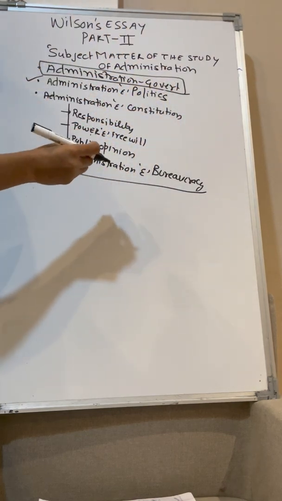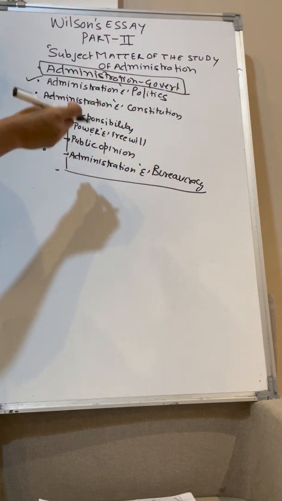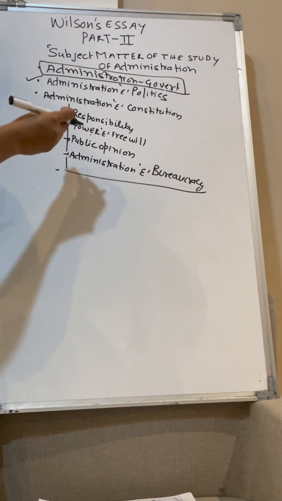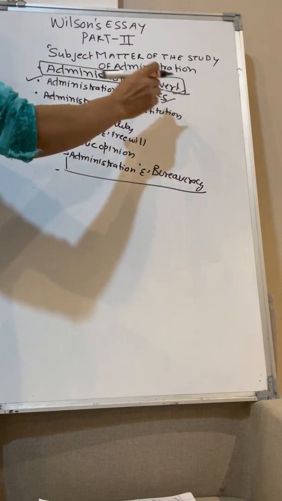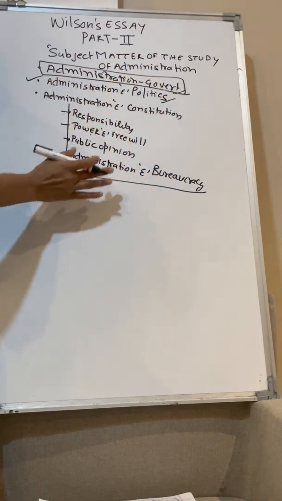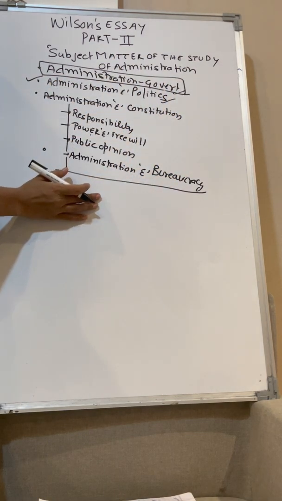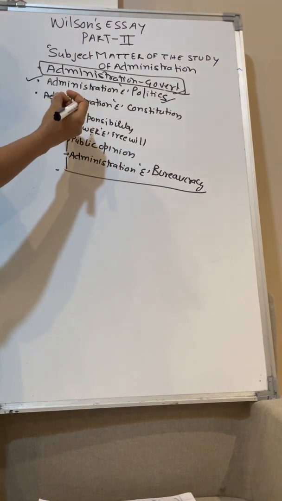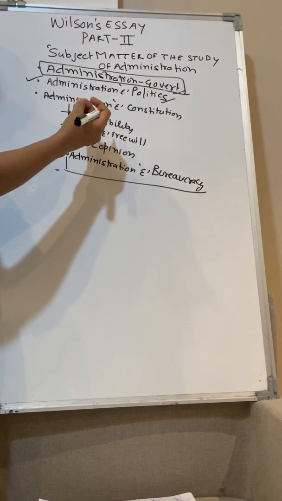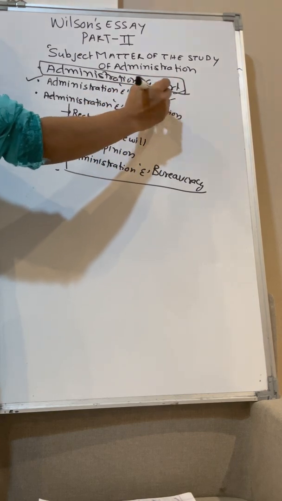I also want you to kindly watch my very first video, wherein I explain the terms government and politics, to get a better understanding of this part of the essay. But still, I will speak very briefly about the terms government and politics.